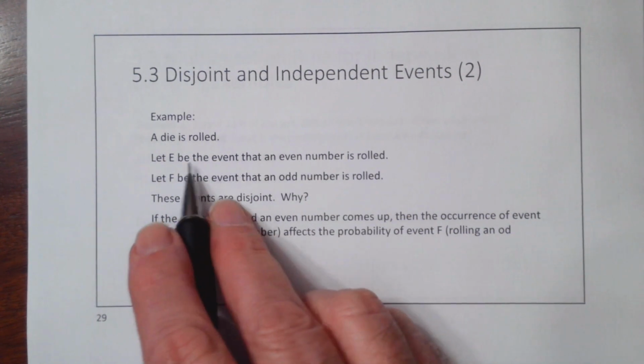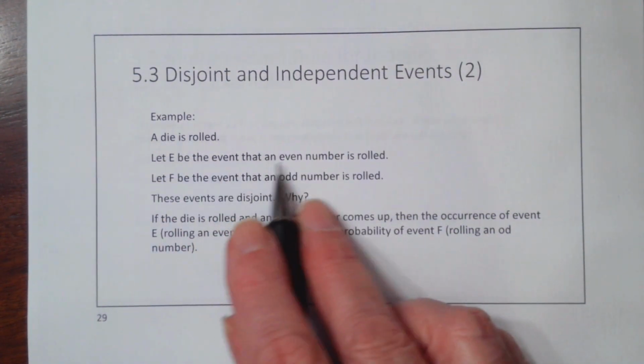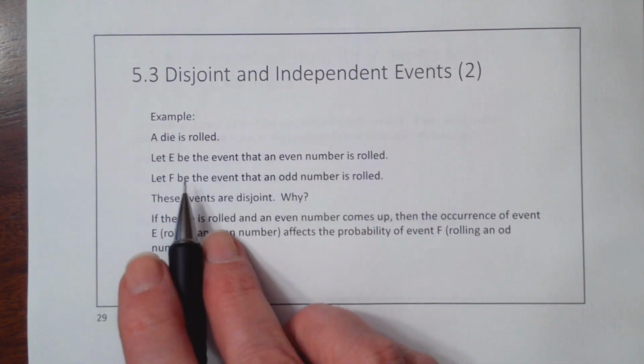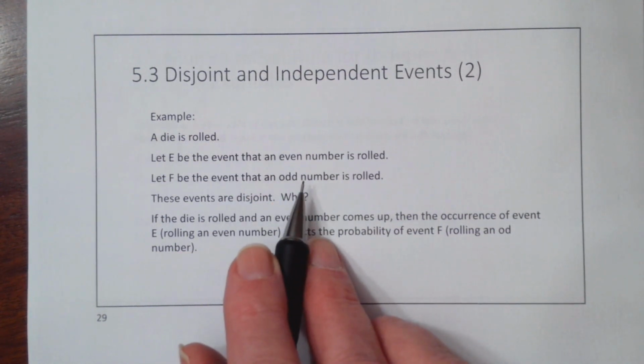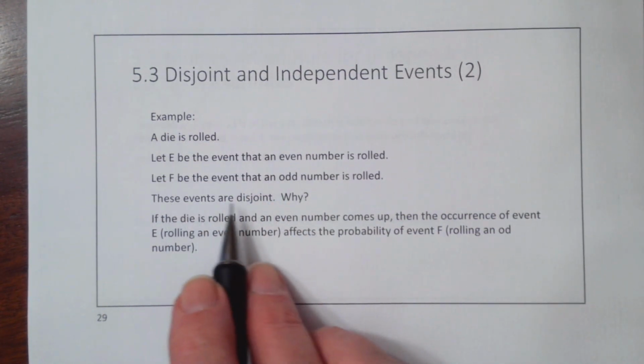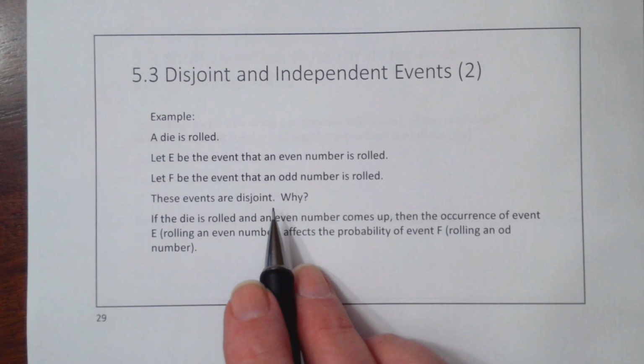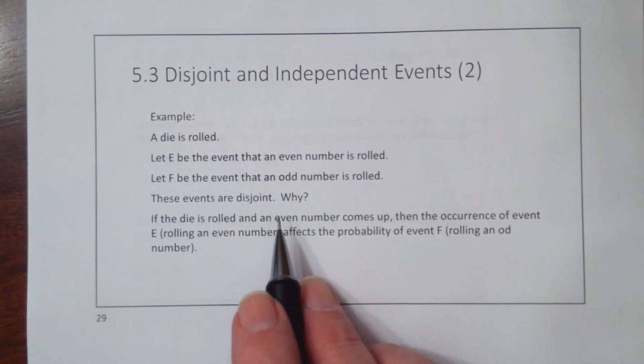So a die is rolled. Let E be the event that an even number is rolled. Let F be the event that an odd number is rolled. So these events are disjoint. Why? Well, they have no common outcomes.